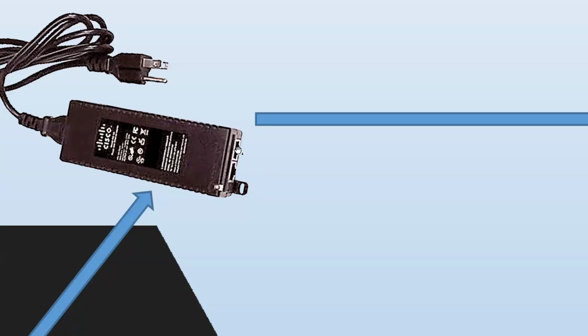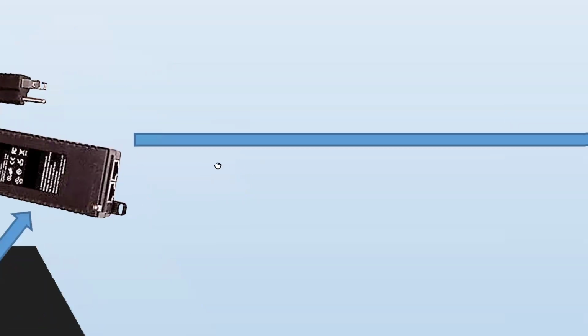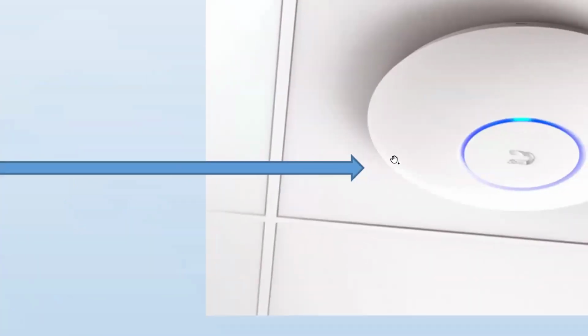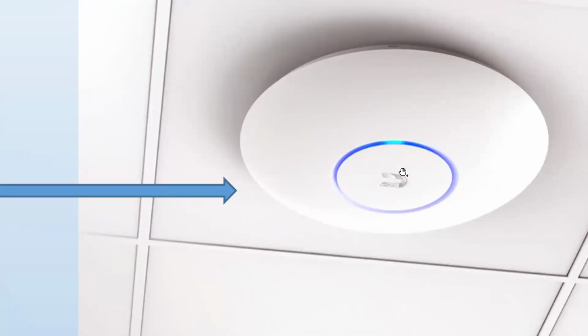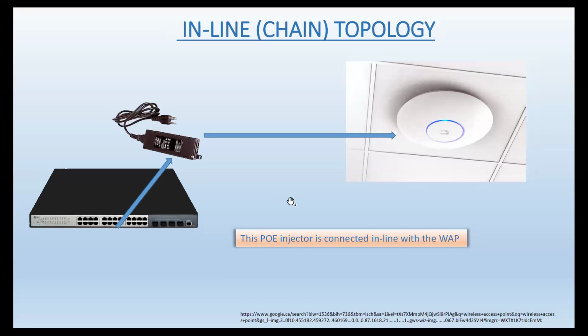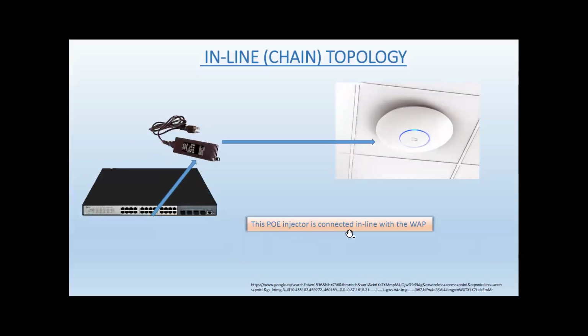From here on, we have a signal traveling from that port with the power injected by this PoE injector. So now we have power and signal. You can plug it into the Wi-Fi device or wireless access point, and everybody is happy. So this PoE injector is connected with the wireless access point.